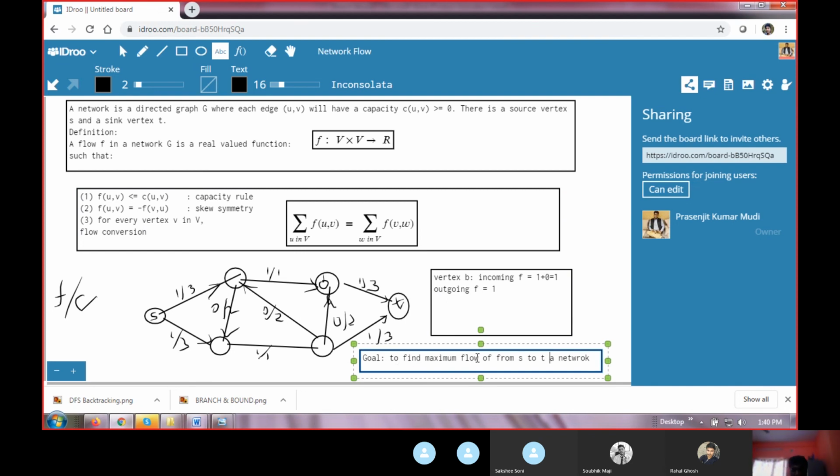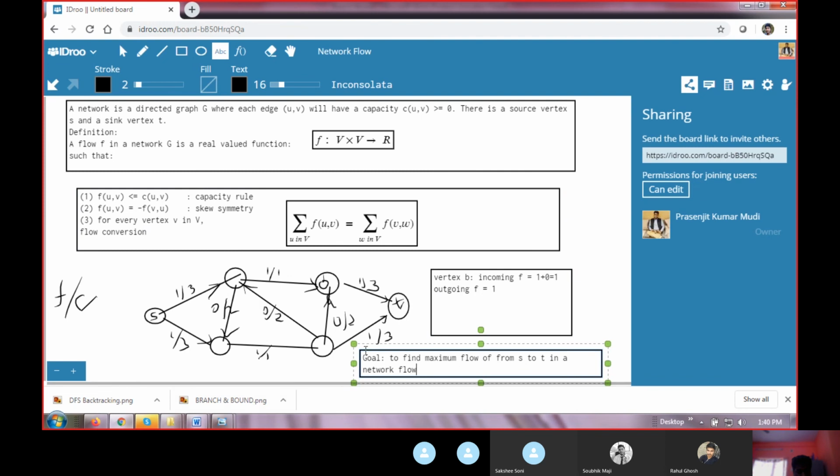So we have to find a maximum flow from source vertex S to sink vertex T in a flow network, or network flow. That means this problem is nothing but an optimization problem.